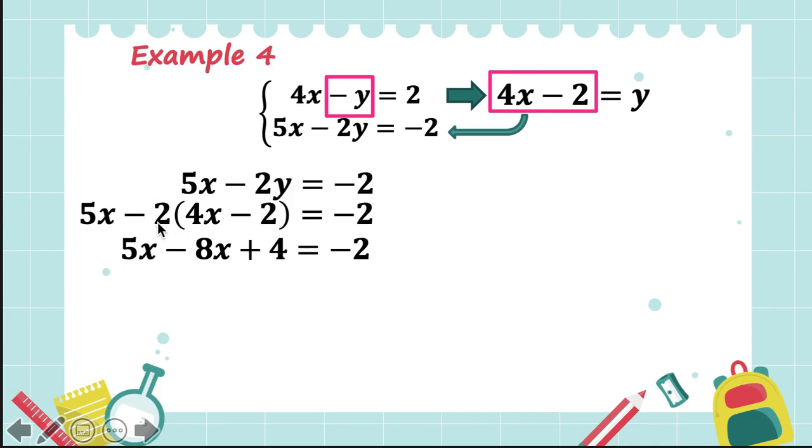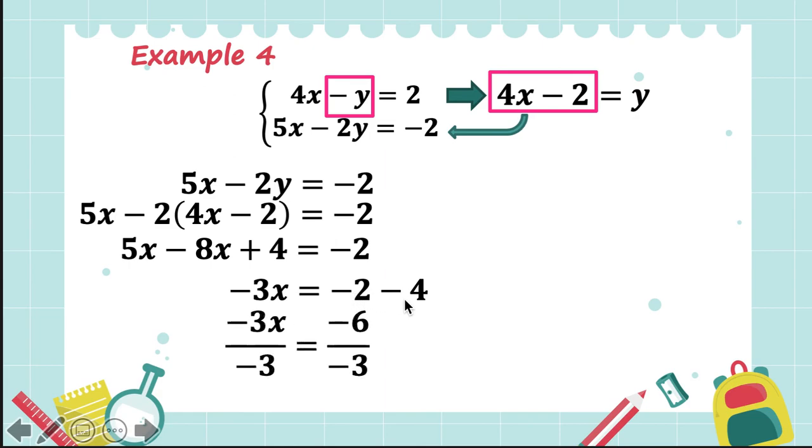And then negative 2 multiplied to negative 2, the answer is positive 4. And then combine like terms, transpose positive 4, that will be 5x minus 8x, the answer is negative 3x equals negative 2. So it will become now negative 4. Add this 2, so that will be now negative 6.